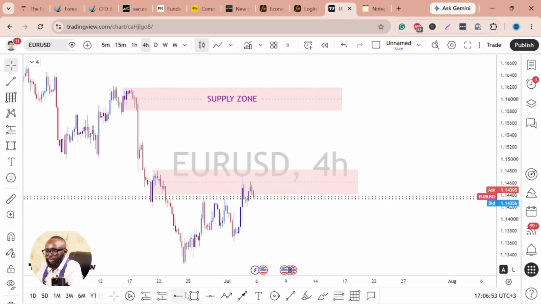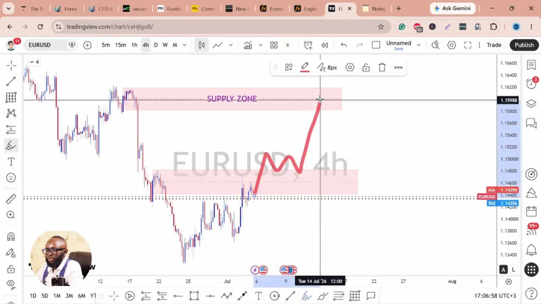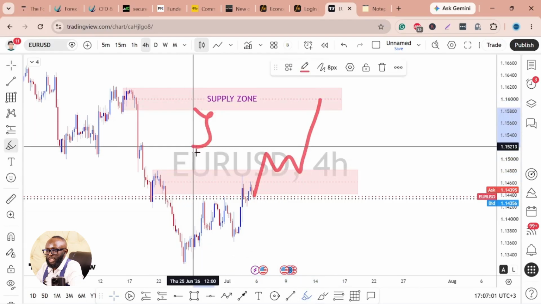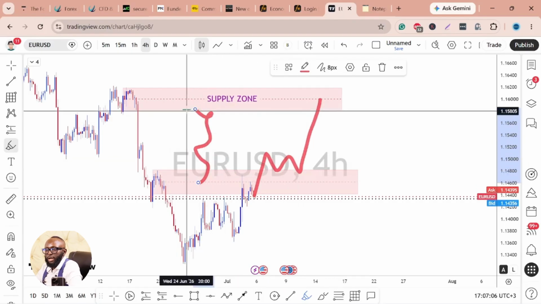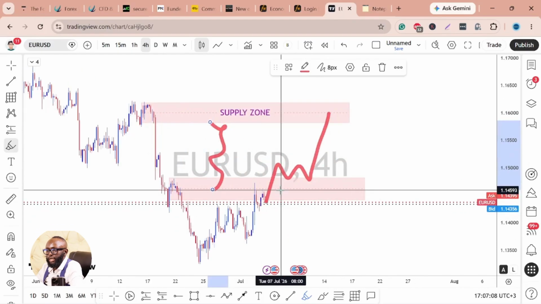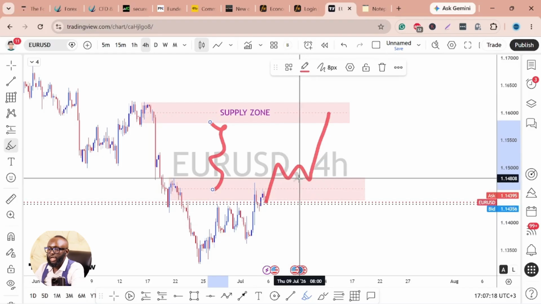Looking at where price is at the moment, I still expect price to push higher onto this extreme supply zone, because we have this imbalance sitting here. Remember that EURUSD and DXY are inversely correlated. Therefore, you need to be checking on what is happening on DXY before you take your trades on EURUSD.